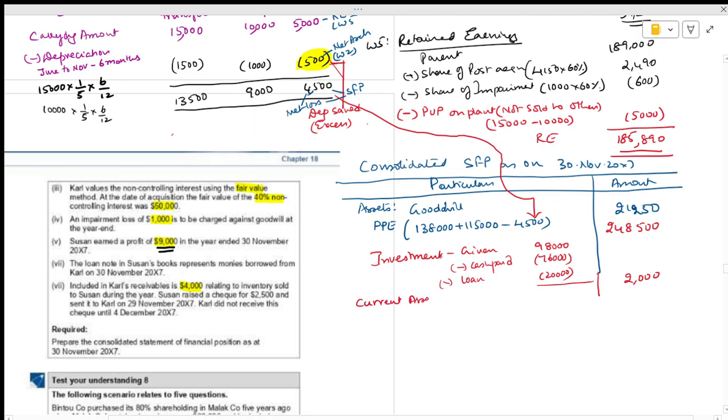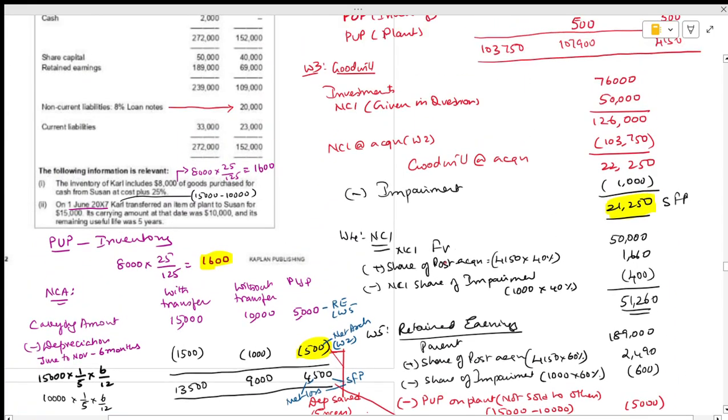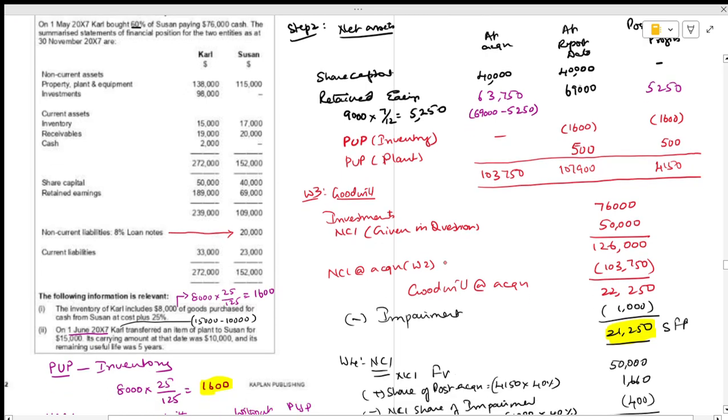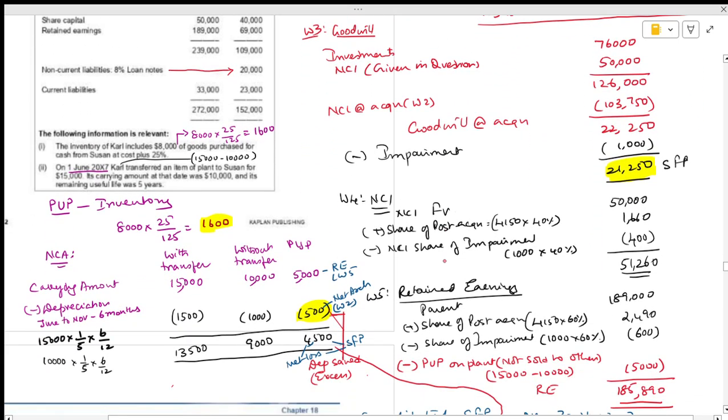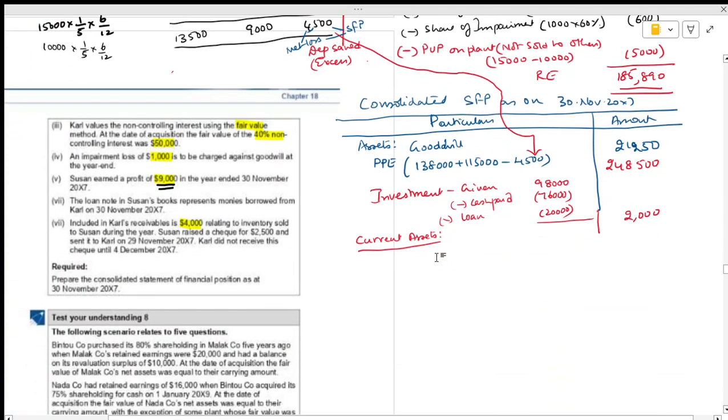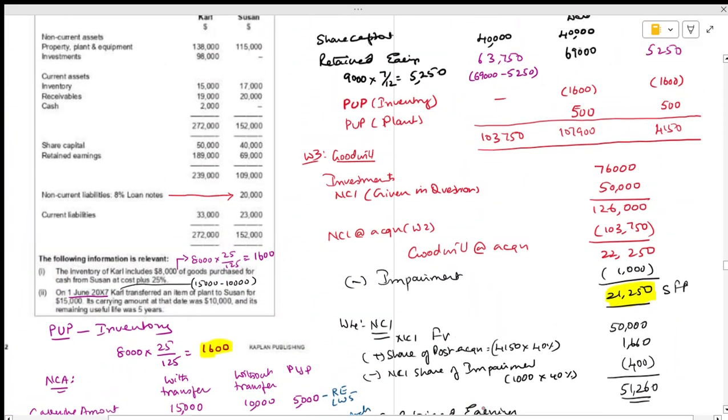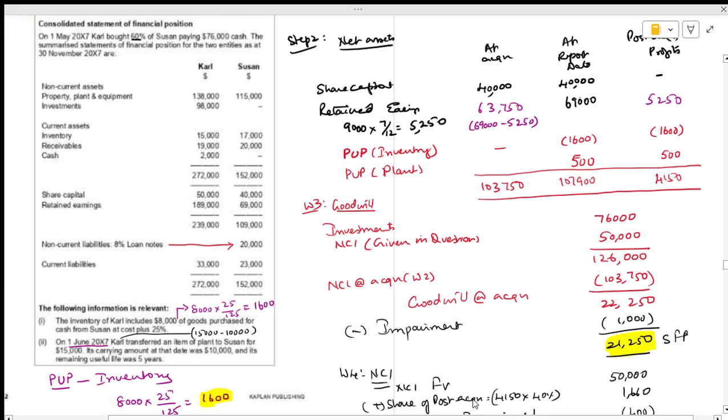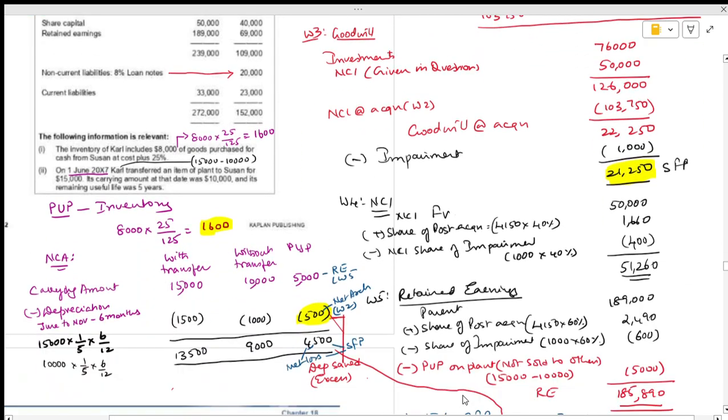Next, current assets. How much is the inventory? Again, in inventory you have unrealized profit. How much is the inventory? 15,000, 17,000.